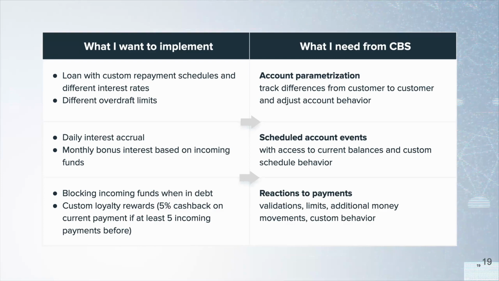So that's the thought process that I have. When I know what I am about to implement, I can derive what I probably need the core banking system to support me with.